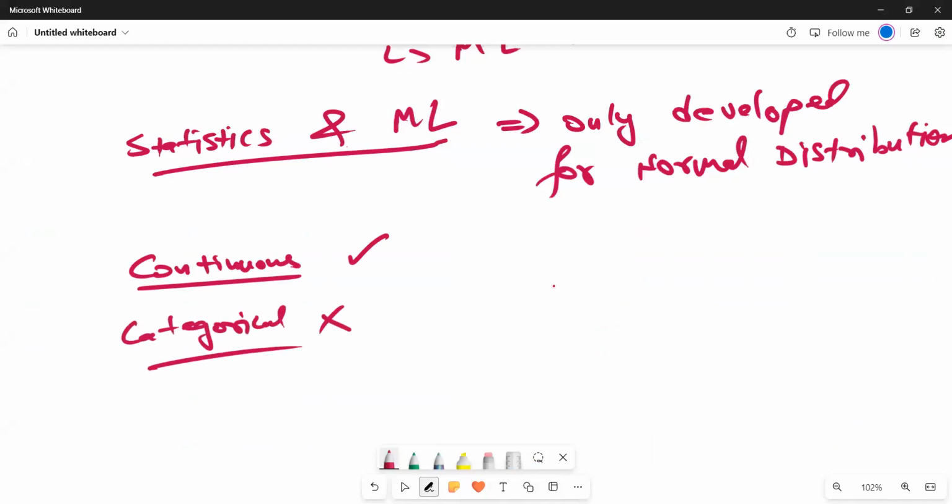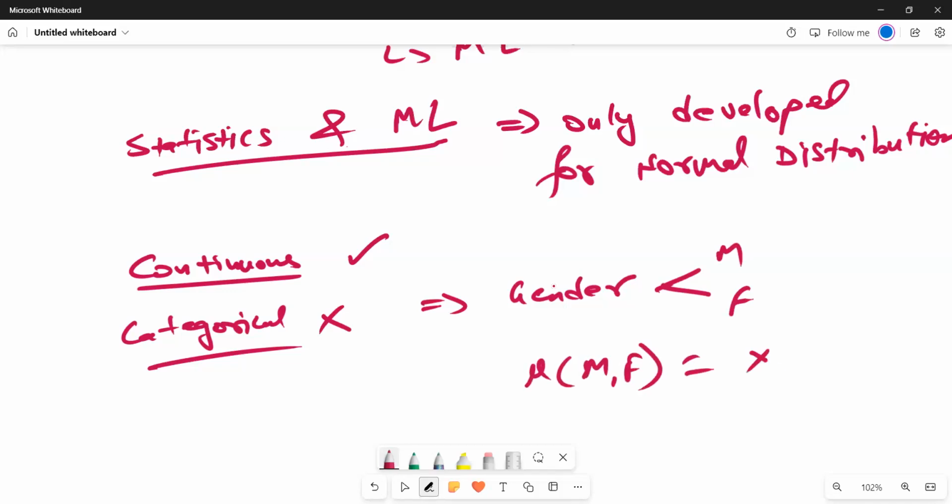For example, let's say you have a gender column, which is categorical data. Here, there are two genders present, male and female. If I ask you what will be the mean of male and female, you won't be able to answer, because these are categorical columns.